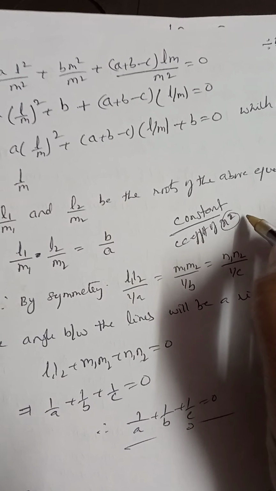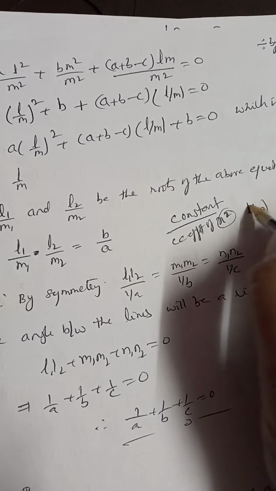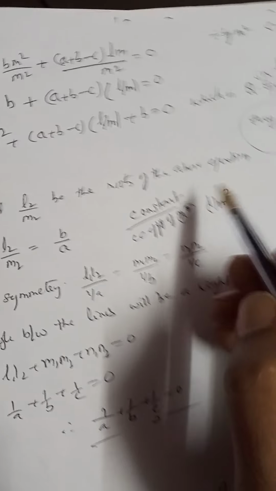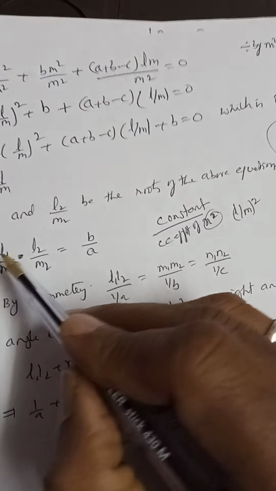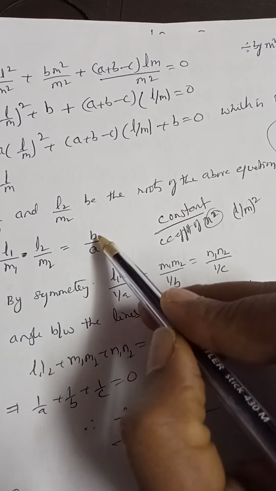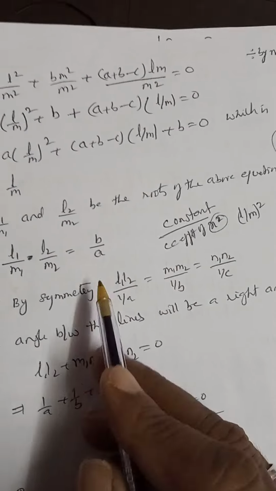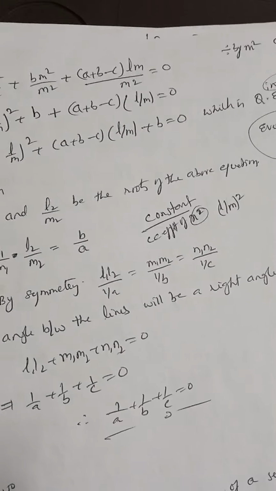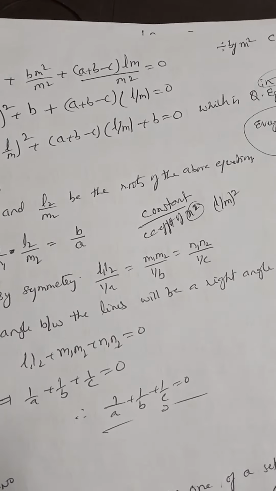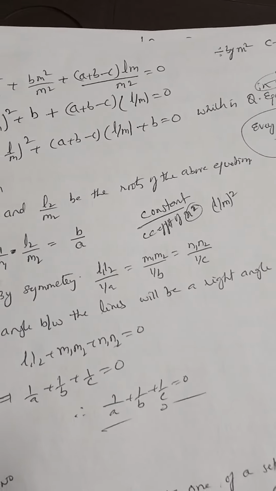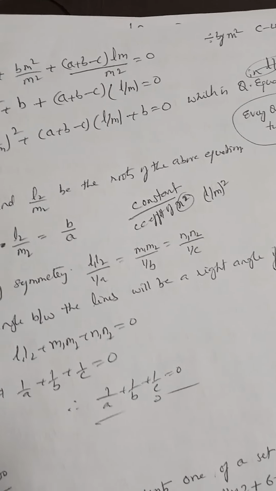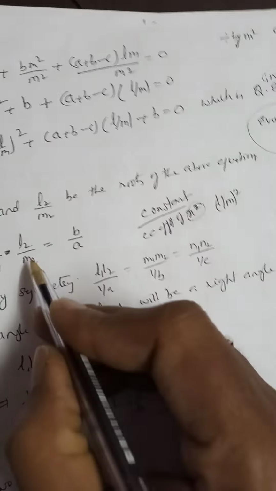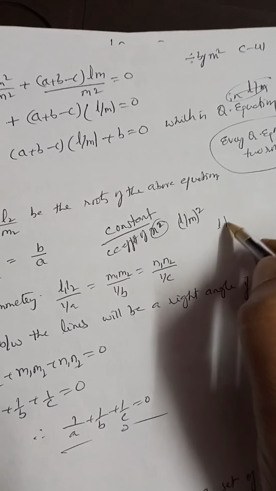Here it is a quadratic equation in l by m, so the coefficient of (l by m) whole square is a. The product of the roots is l1 l2 by m1 m2 equal to b by a. By symmetry, similarly we can prove that l1 l2 by 1 by a is equal to m1 m2 by 1 by b is equal to n1 n2 by 1 by c.